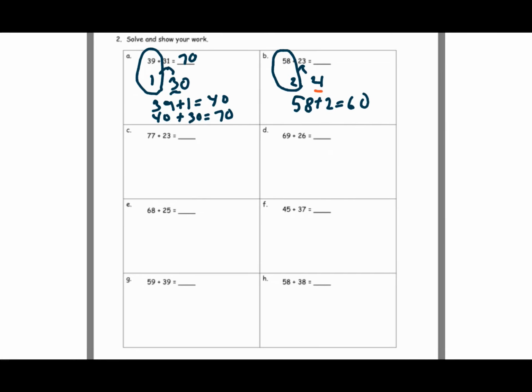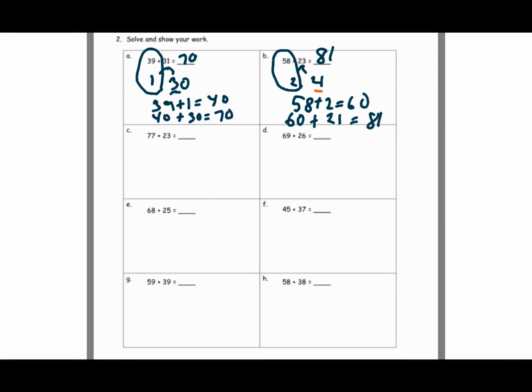So I'm going to write down 60 plus 21 is equal to 81. So that tells me, boys and girls, that 58 plus 23 equals 81.